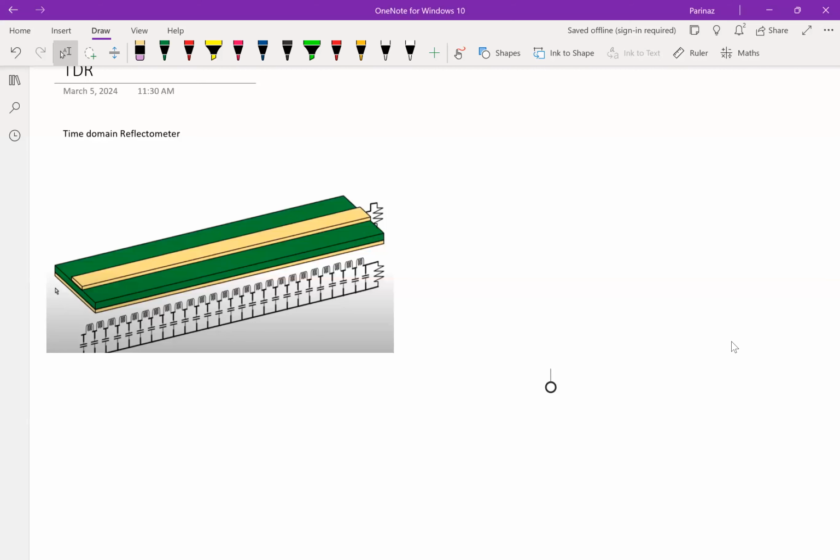Most of the time when you're looking at cables, like a coaxial cable that connects to your TV, or maybe a trace on a PCB, in high-speed designs, or for regular cabling that transfers data to your devices, basically you're looking into a transmission line.